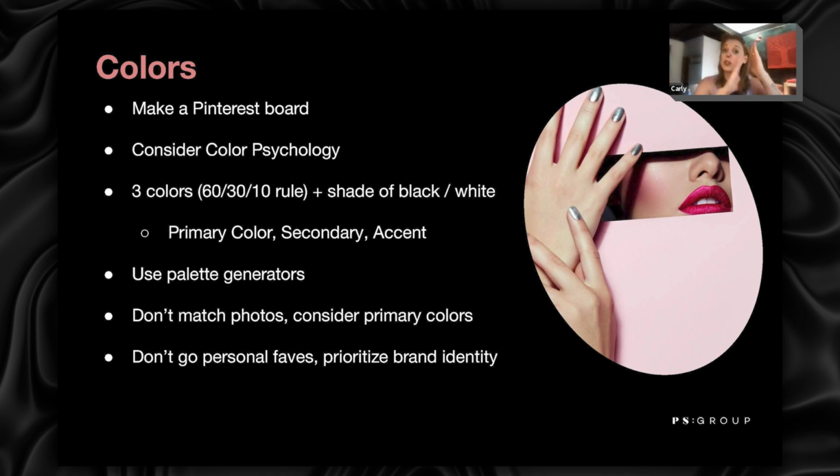With those colors, you want a primary color. That's the 60. That is the main color on your website. You want to have a secondary that you use sparingly, and then you have accents. Accents are like borders, or buttons for calls to action, like click here.